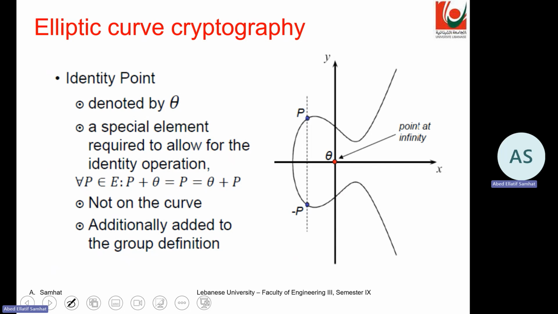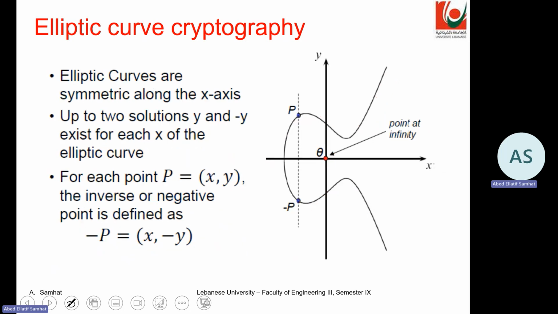The identity point here, or the neutral element if you want, is theta. Theta is not on the curve, but we define it. It's an imaginary point, and as we said, it's the identity because P plus theta equals P equals theta plus P. It's not on the curve, and we also define the addition and the multiplication, and we have the symmetry.